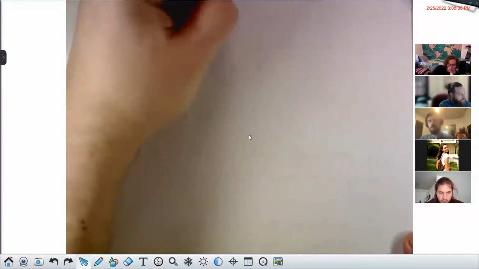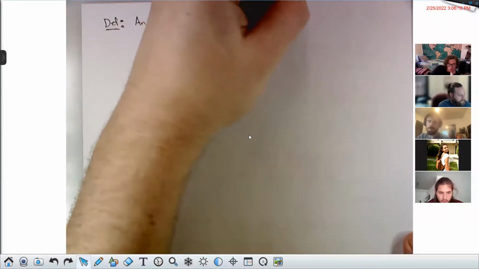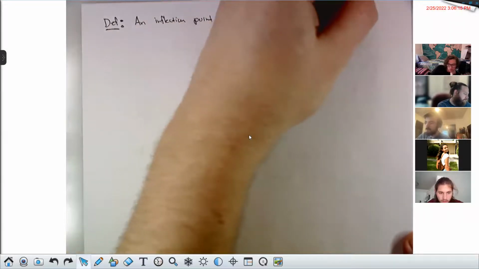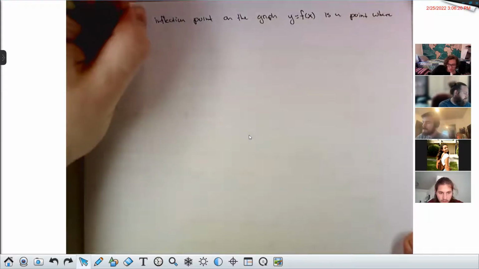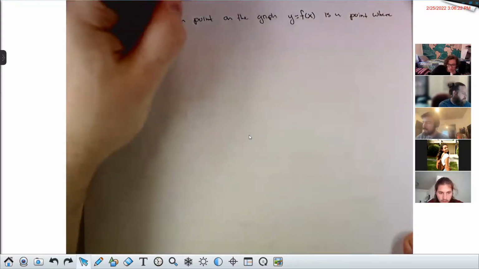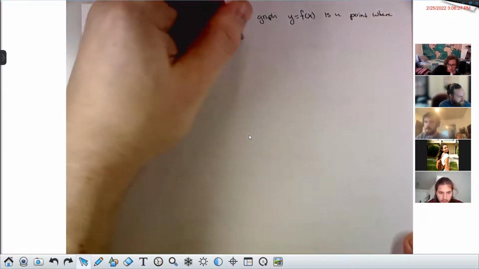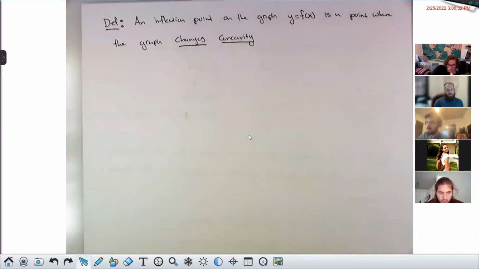So an inflection point on the graph y equals f of x is a point where the graph changes concavity, meaning you go from concave up to concave down, or from concave down to concave up.